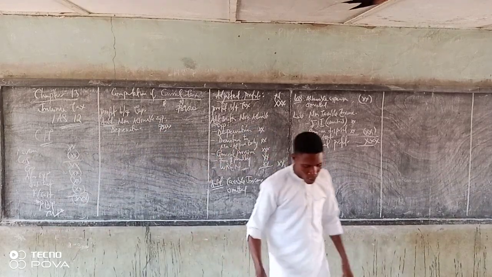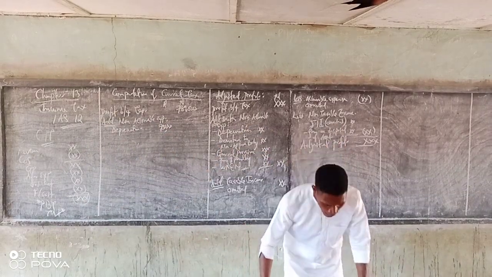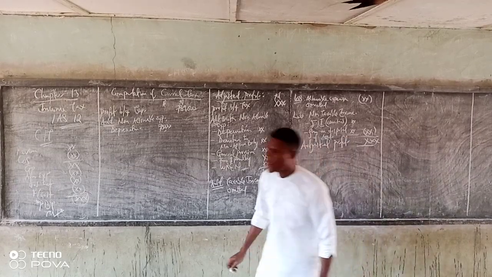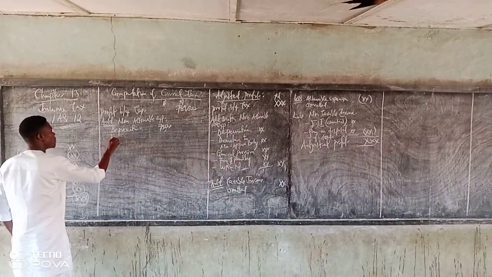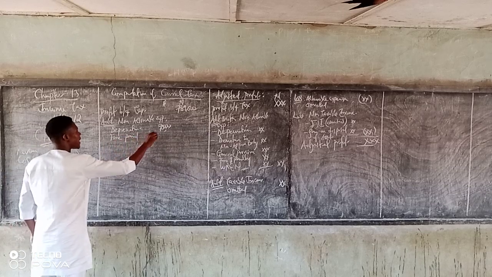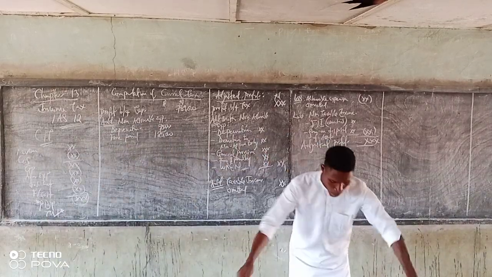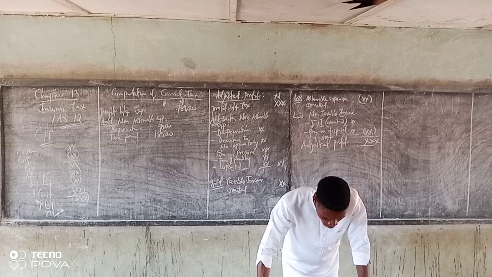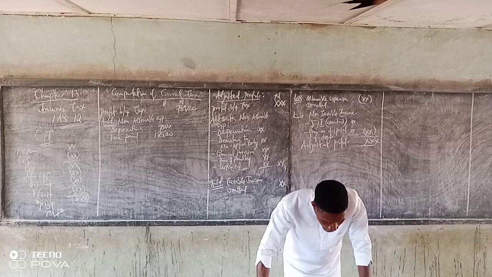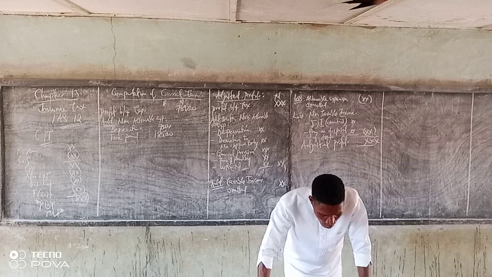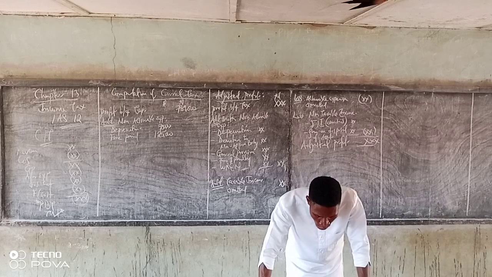Then from the question again, I've identified the fine. How much was the fine paid? 125,000. Then we were told that for the loan, the company incurred borrowing cost of 70,000 in the year, of which 10,000 has been capitalized according to IAS 23.